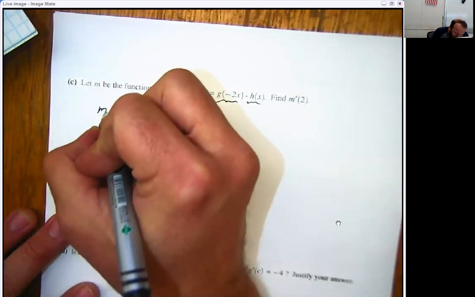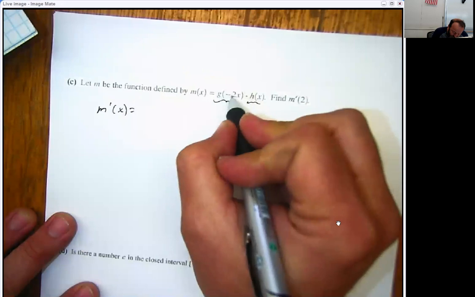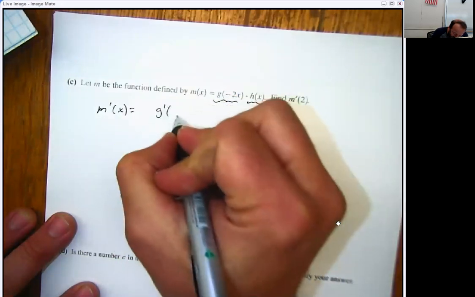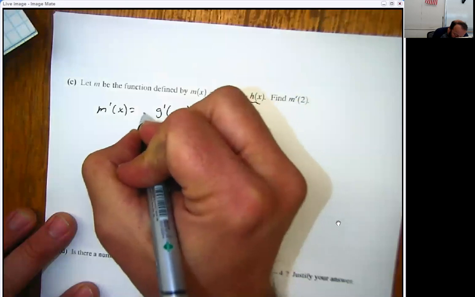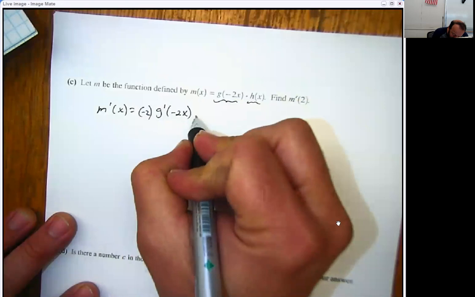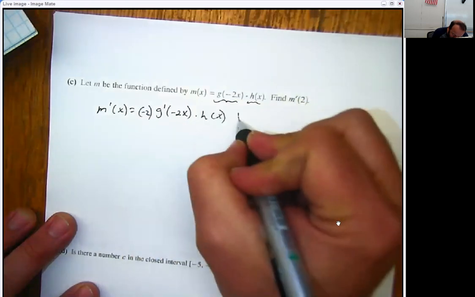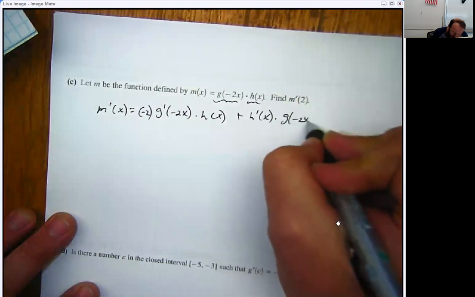So if I want to know what m prime of x is, I need to take the derivative of this, which would be g prime of -2x, but chain rule says I have to multiply that by -2. So this is all the derivative of the first times the second, plus the derivative of the second times the first.